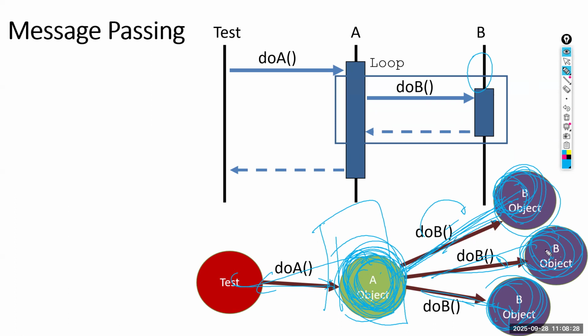Both are accounts: account 1 debit, account 2 credit. Then you return a consolidated result, success or failure. And here you need to do transaction handling also, because if this is done and this fails, you need to roll this back. So that is how software is developed.